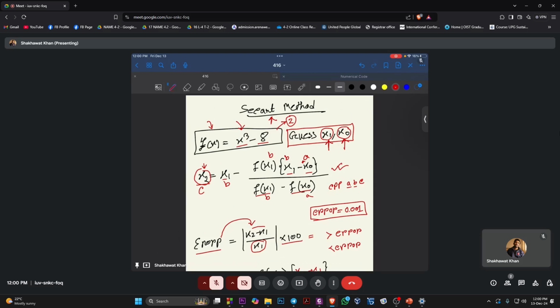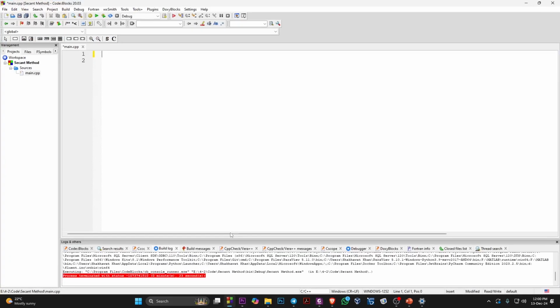If I took a difficult function in the very first phase, it would be hard to understand. After developing this simple function for our second method in C++, we will go further to difficult functions. So, let's get into our C++ interface.